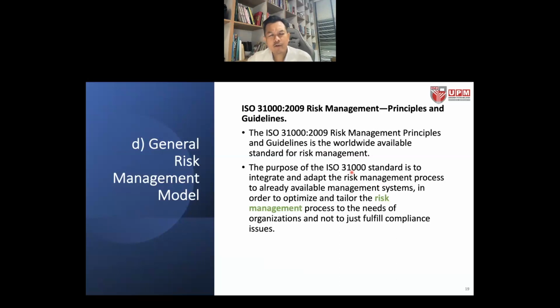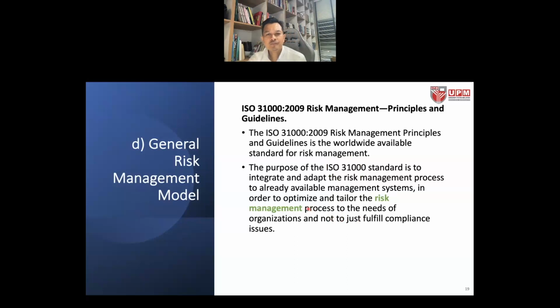As we have already gone through the aerospace standard AS 9100D, if you still remember, it also includes the aspect of risk management. If you look carefully in AS 9100D, there is one element of risk management, but the more detailed risk management principle is provided in this particular standard.